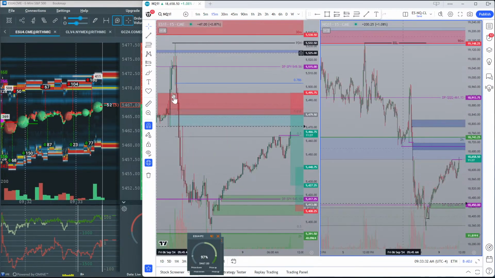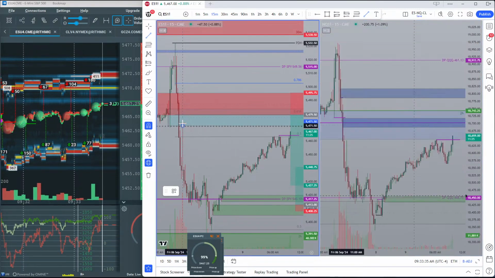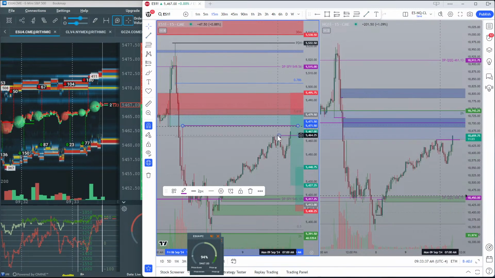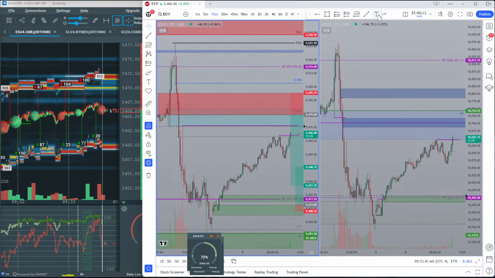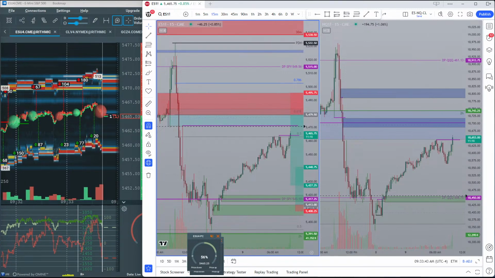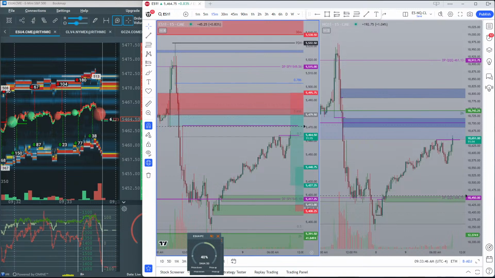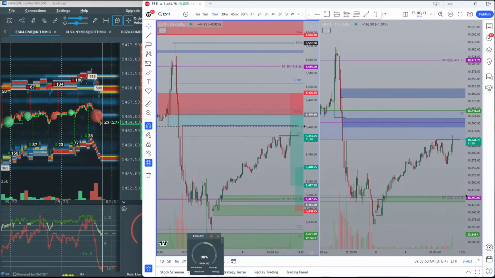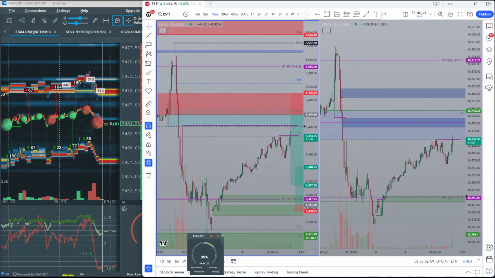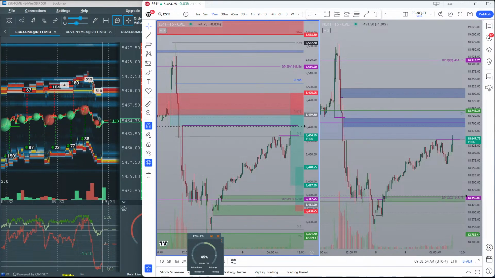Alright, so we have a bit of liquidity sitting right at this level on the ES. I do want to see on quant where we are. Where is quant data? There it is. Let's go.